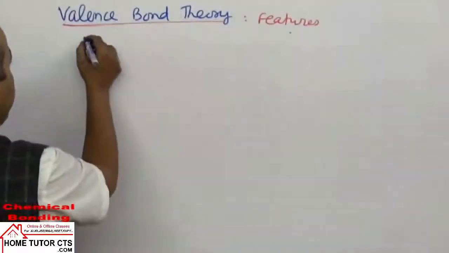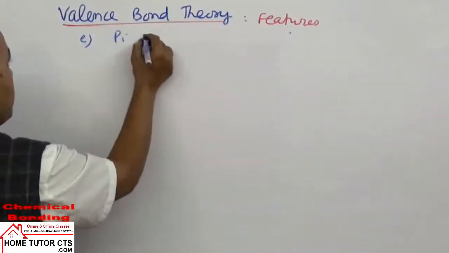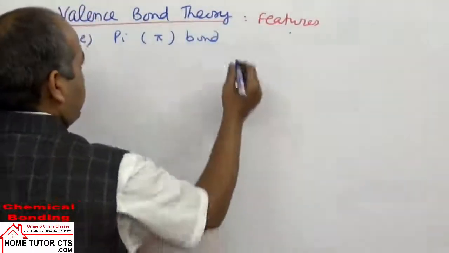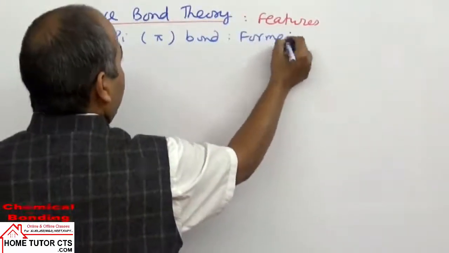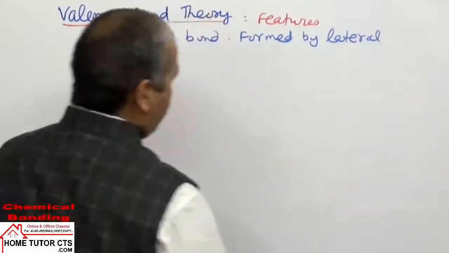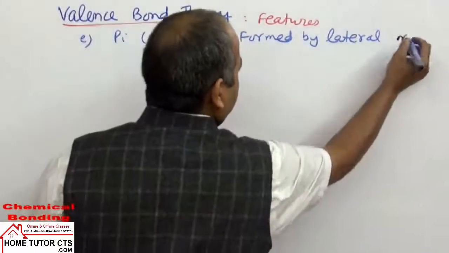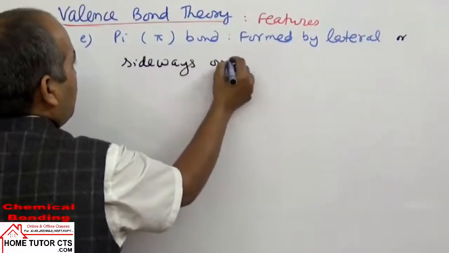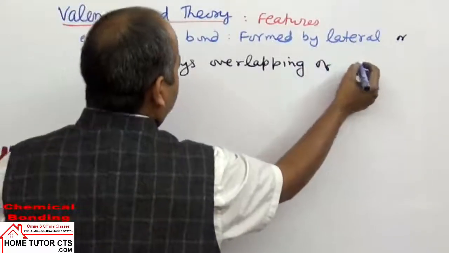Now next we can take pi bond formation. A pi bond is formed by lateral overlapping, or you can say sideways overlapping, of orbitals.